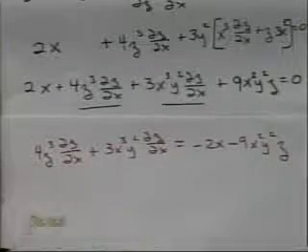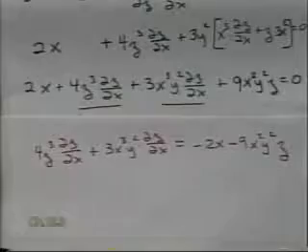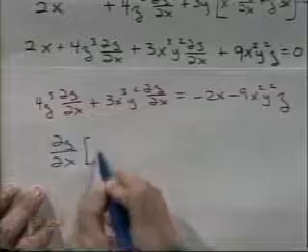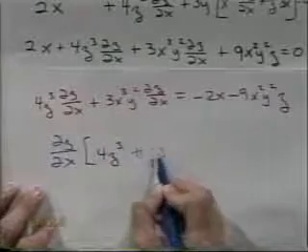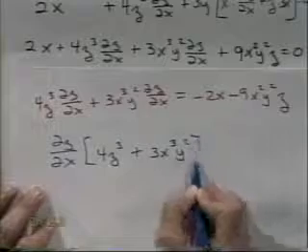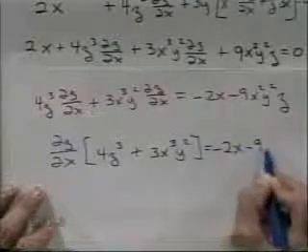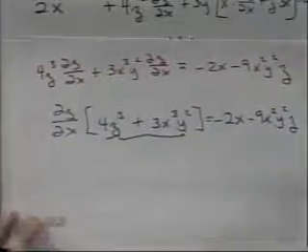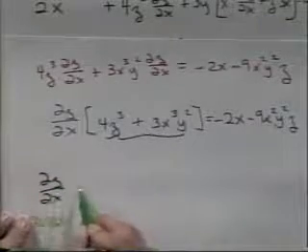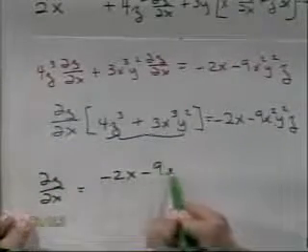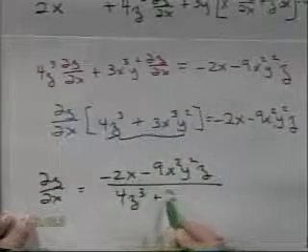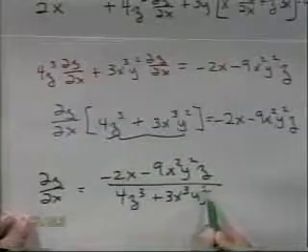Okay, then what? How am I going to solve for partial of z with respect to x? Factor out the partial of z with respect to x, and then divide by this, which gives me partial of z with respect to x equals minus 2x minus 9x squared y squared z all over 4z cubed plus 3x cubed y squared.